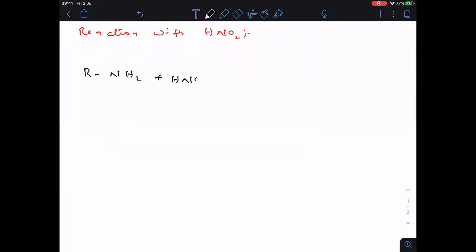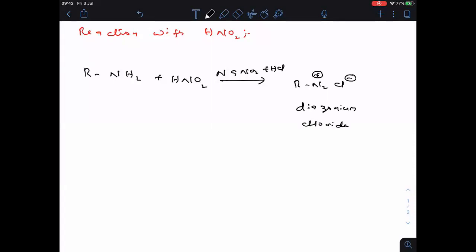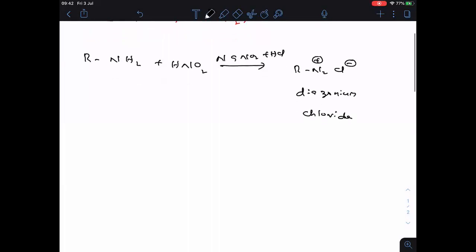The primary amine, when treated with HNO2 in presence of NaNO2 plus HCl, gives RN2+ Cl-. RN2+ Cl- is called a diazonium salt. This is said to be diazonium chloride.